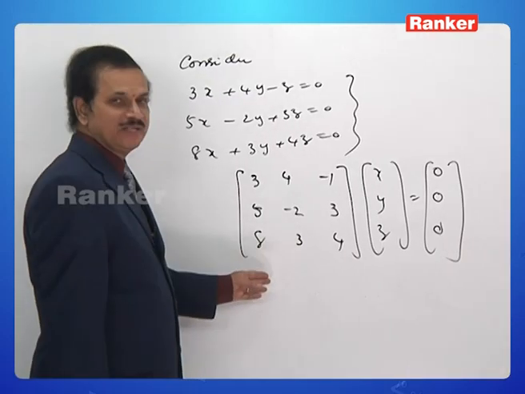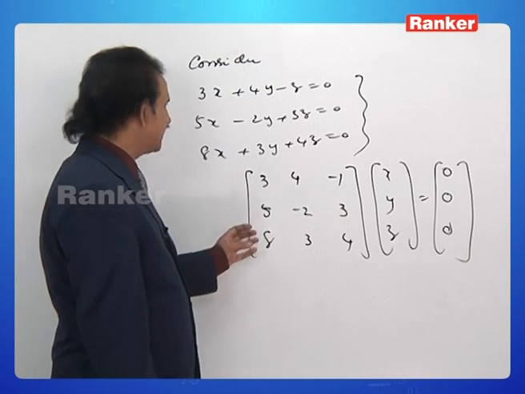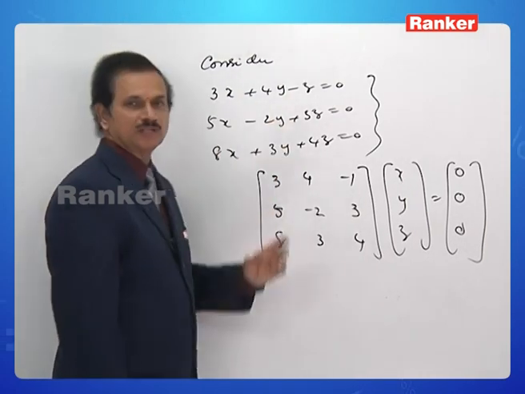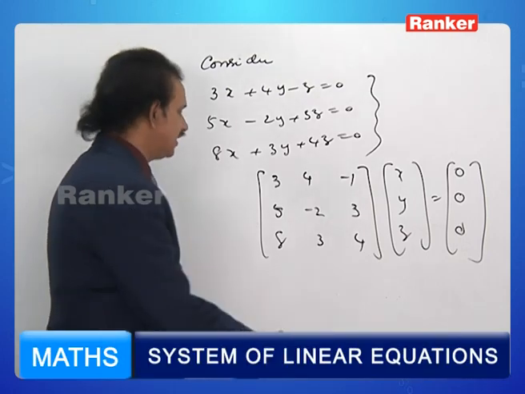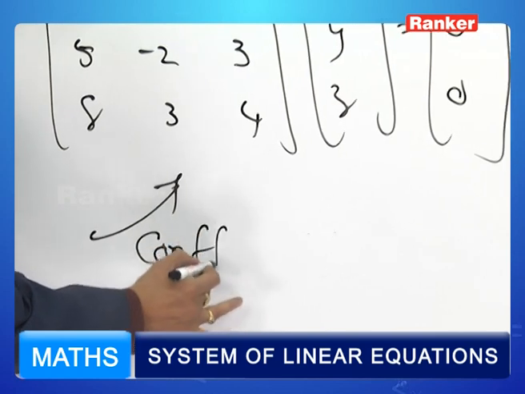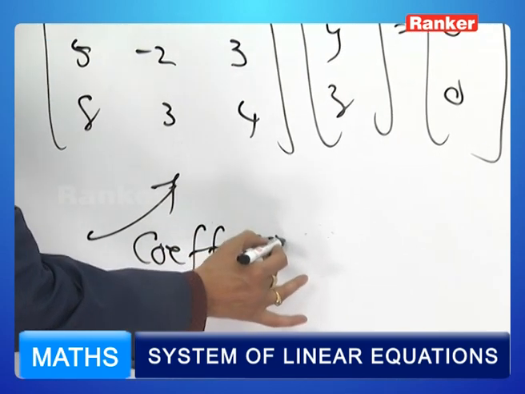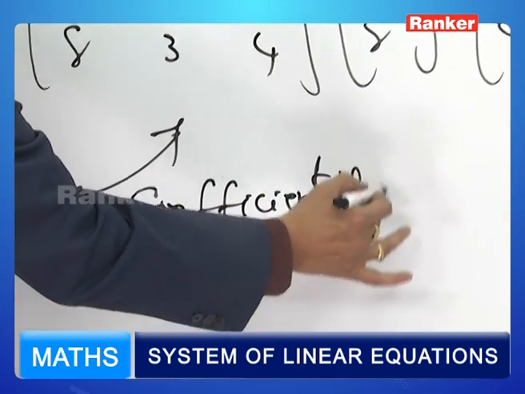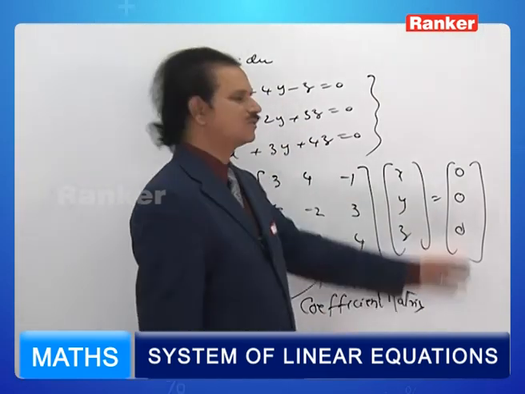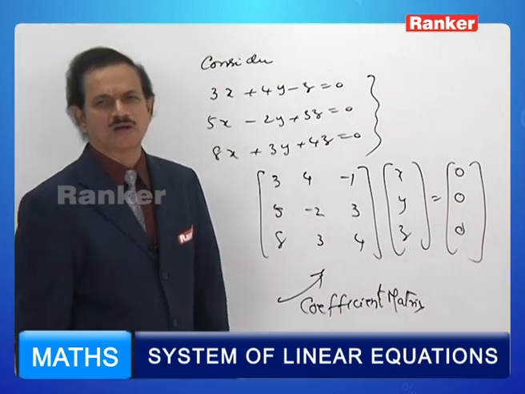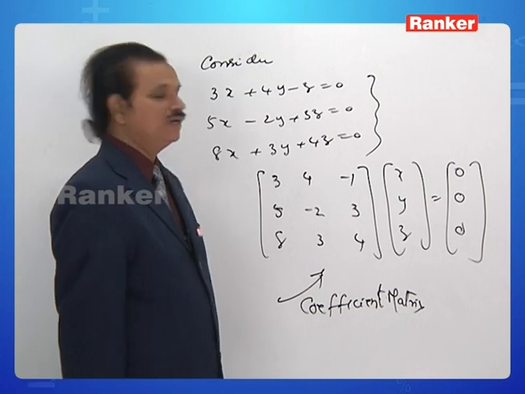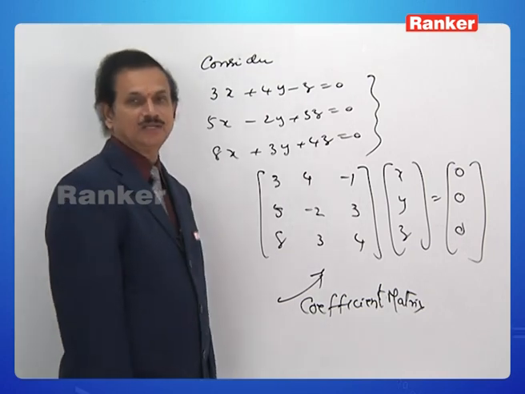This matrix has been obtained by grasping all the coefficients of the variables in the three equations. That is why this is called the coefficient matrix. This is called the variable matrix, and that is called the value matrix, which we are not really interested in; we are very much interested in the coefficient matrix.